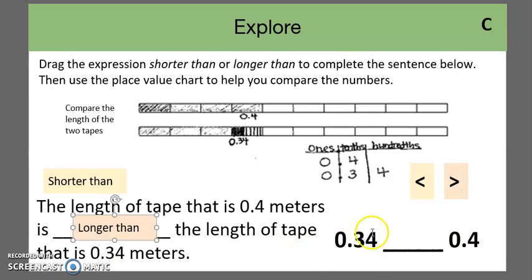When looking at this symbol, we want to make sure that we identify the larger quantity, which is 0 and 4/10, and we look at the symbol that is going to face this quantity here. And we see that this one would make sense, and we would read this as 0 and 34 hundredths is less than 0 and 4/10.